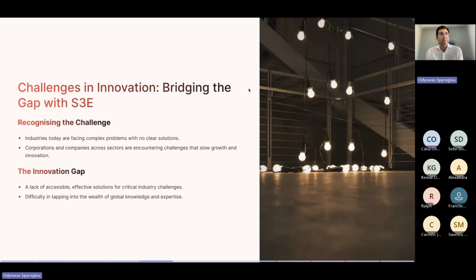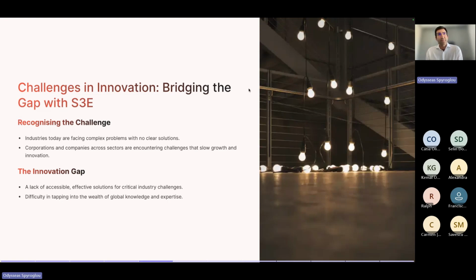So corporates and big companies, even some public organizations like hospitals, for instance, responded to that call and participated by describing a challenge that they encounter, and this challenge is a hurdle to their growth and innovation.